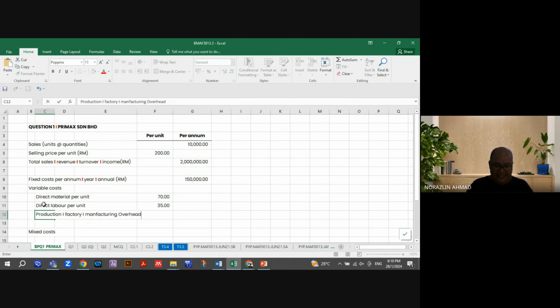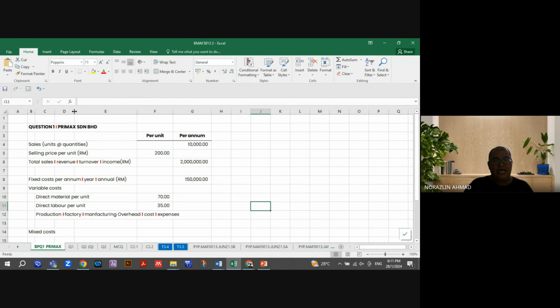Sometimes they call it cost, sometimes they call it expenses. Production expenses, factory expenses, factory cost, manufacturing overhead, factory overhead, or production overhead. All these give the same meaning for this subject.